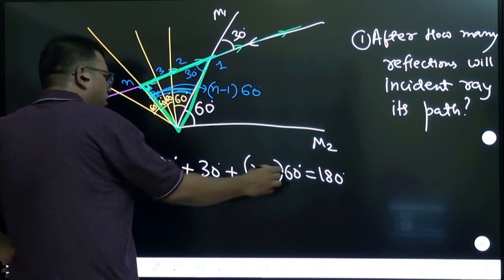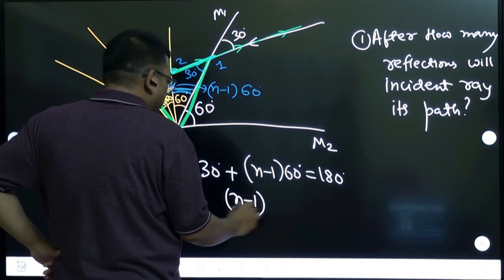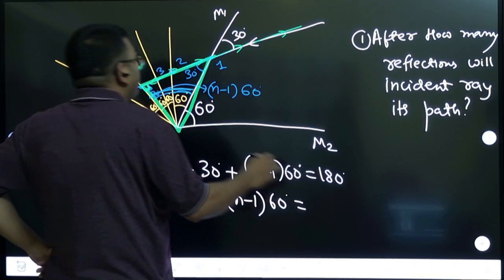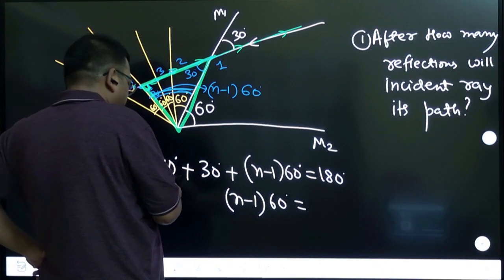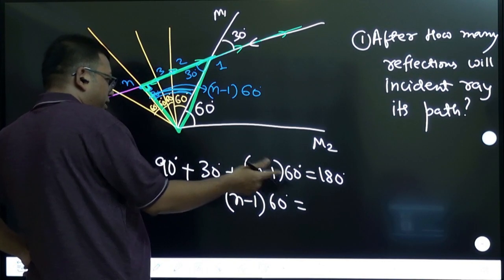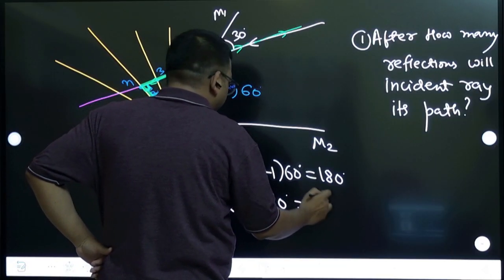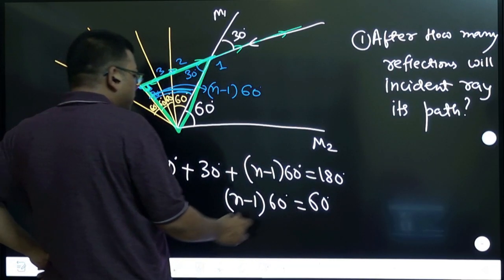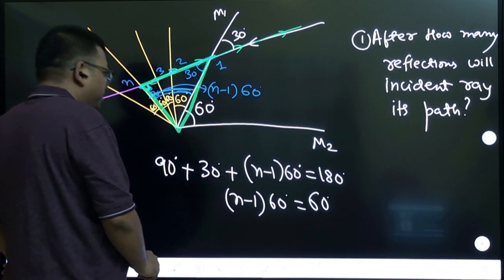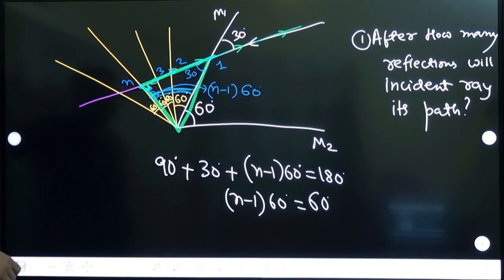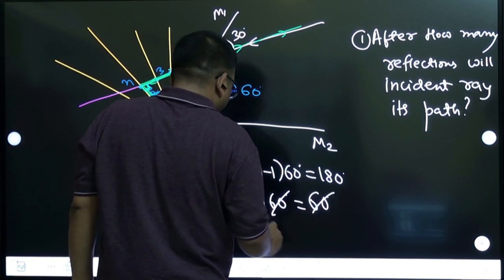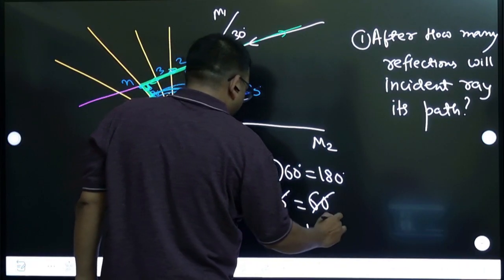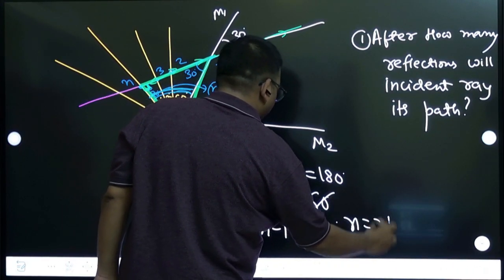So from here now you calculate. n minus 1 into 60 degree is equal to 180 minus 120, that becomes 60. Afterwards what happens? Calculate. Check this. So n minus 1 is equal to 1. So n becomes equal to 2.